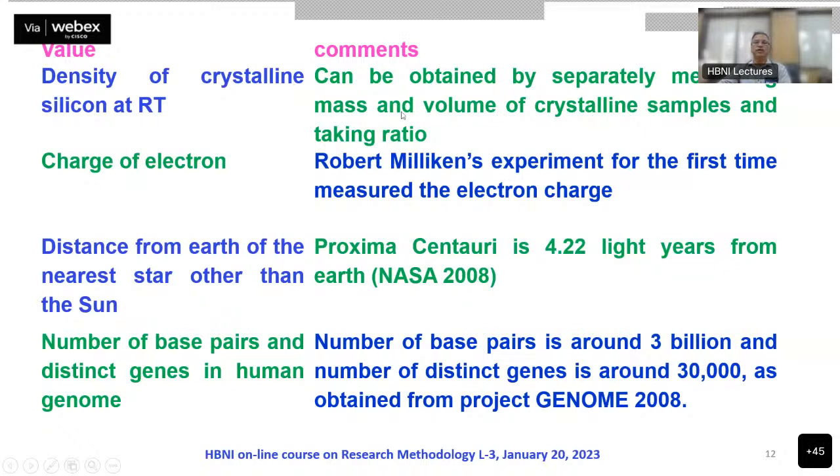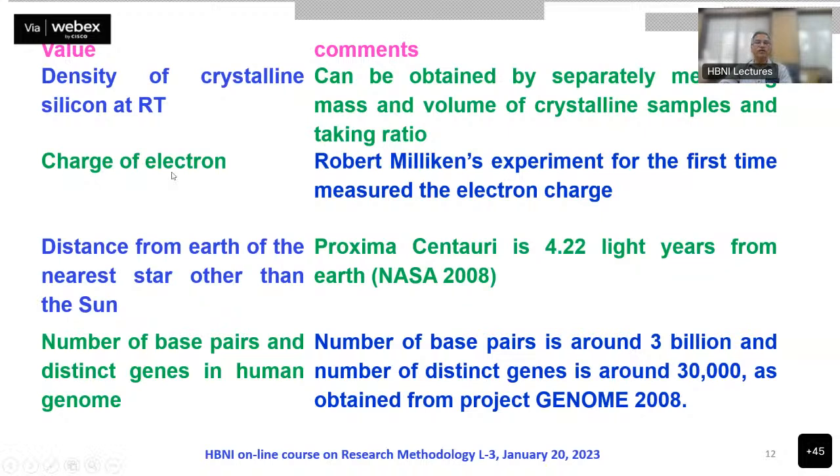When you measure the mass and the volume of a sample, there will be associated uncertainty in each measurement. And when you take the ratio to get the density, the errors will add up. So when you finally quote density, rho, let us say 1.5, it will always have a plus minus something. Whenever you quote an experimental value, always quote the uncertainty on that value.